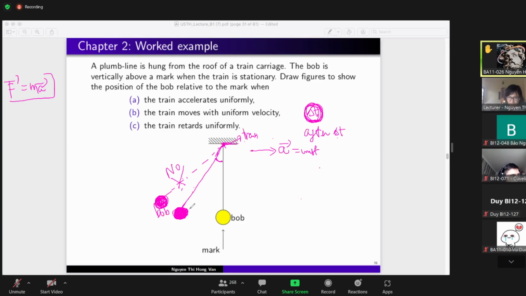So F net is a constant, and it doesn't change. So we apply the first law of Newton, right? If F is constant, then you cannot have a change in the velocity, and the situation is still the same.